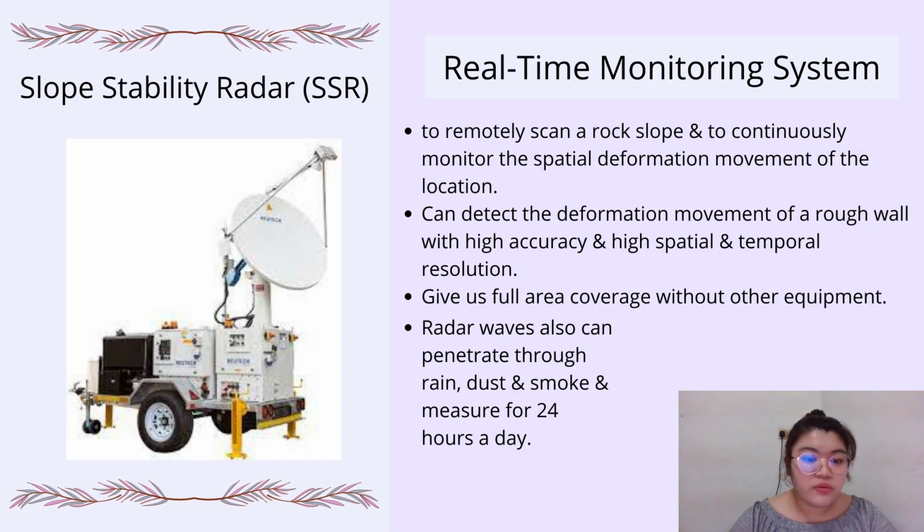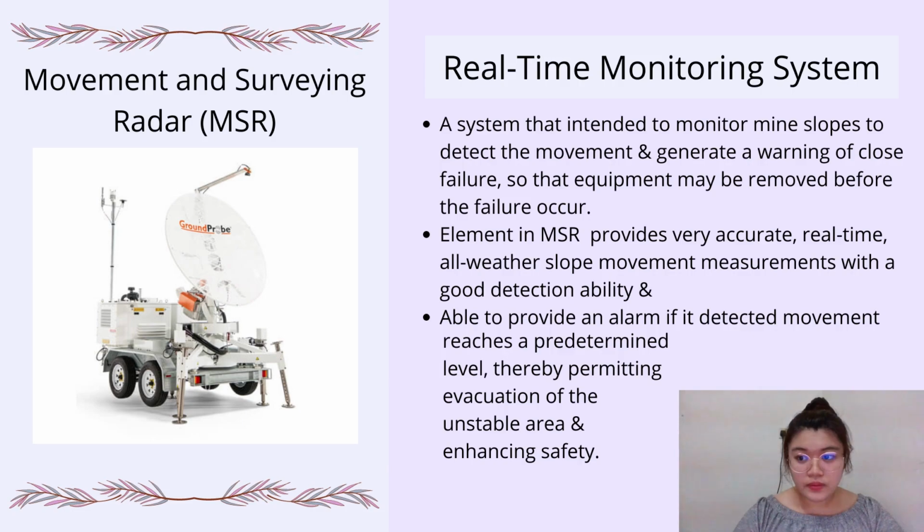It can detect the deformation movement of a rock wall with high accuracy and high spatial and temporal resolutions. It gives us full area coverage. Its radar wave can penetrate through rain, dust, and smoke.